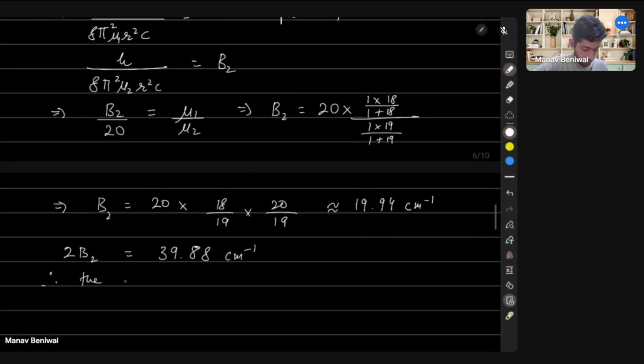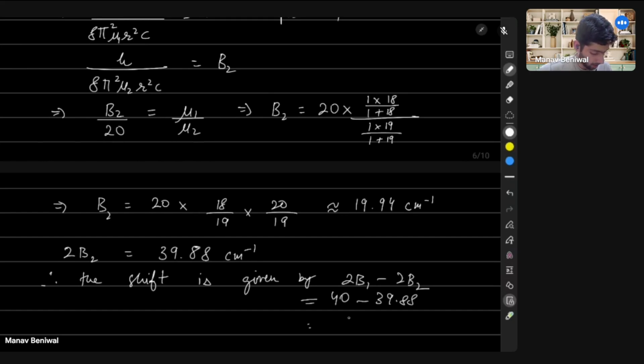Therefore, the shift is given by 2b1 minus 2b2, which is 40 minus 39.88, and this is 0.12 per centimeter.